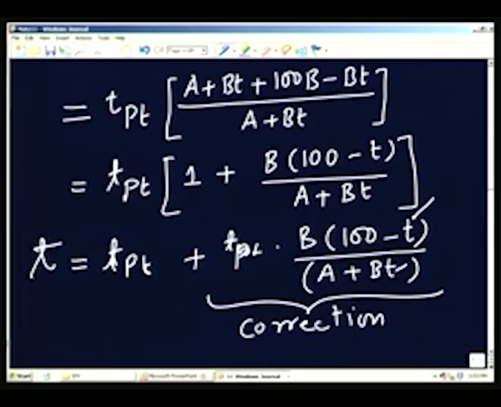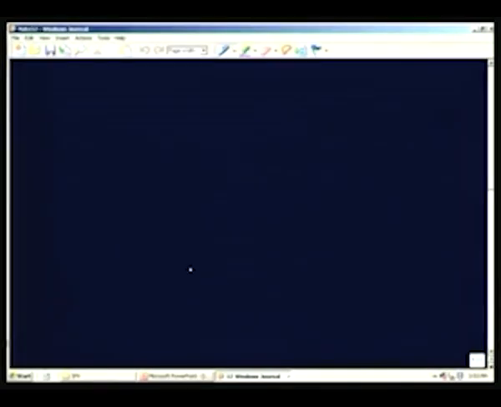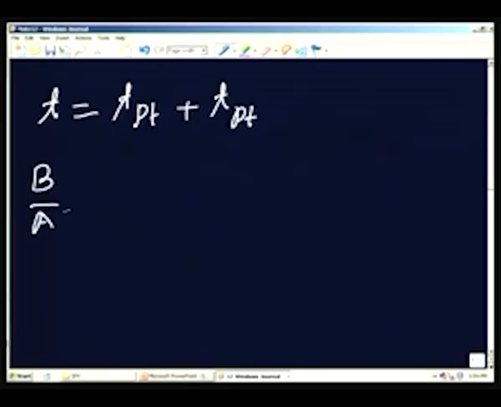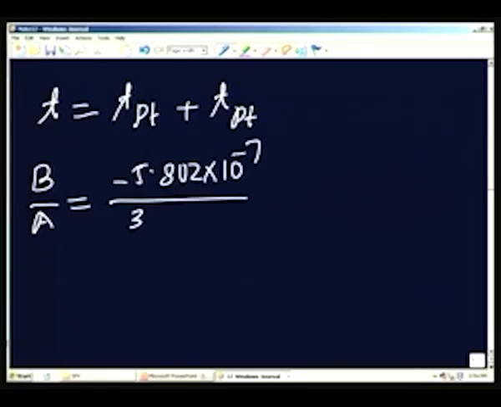Okay. If you do that, you will get a very simple expression for the resistance nonlinearity. So, we can write it as Tpt plus Tpt multiplied by the value of B by A, which, if you remember, is minus 5.802 into 10 to the power of minus 7 divided by 3.90802 into 10 to the power of minus 3.